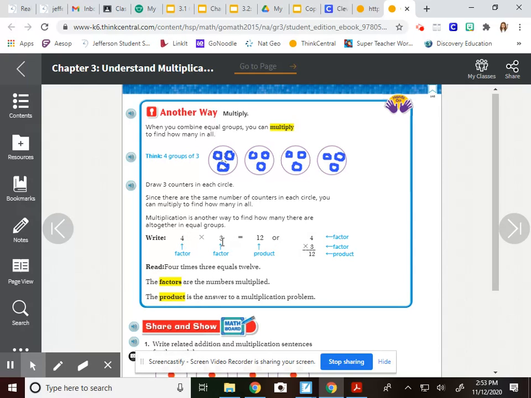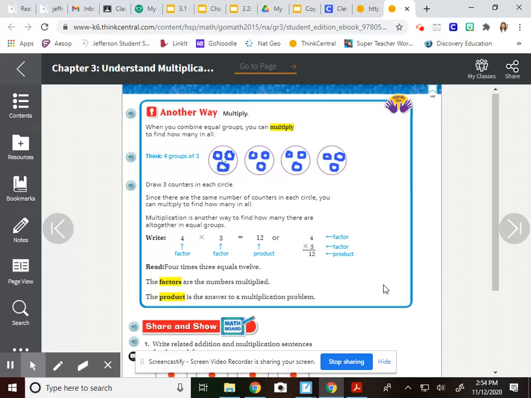The numbers that you multiply together are the factors in a multiplication sentence, and the answer in our multiplication problem is a product. Okay, so when you multiply, you combine equal groups to find how many in all. Factors are the 2 numbers being multiplied together, and the product is the answer to a multiplication problem.